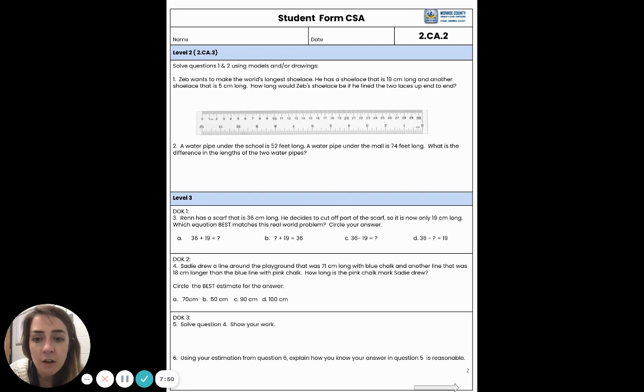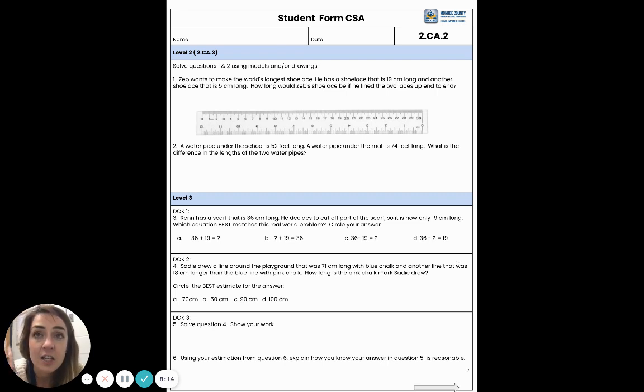So he had a scarf that was 36 centimeters long. He cut some off, so some, that must be the change, but it doesn't tell me how much. And now he has 19. So you're going to look at these 4 choices, A, B, C, or D, and I want to know which one matches that story problem.